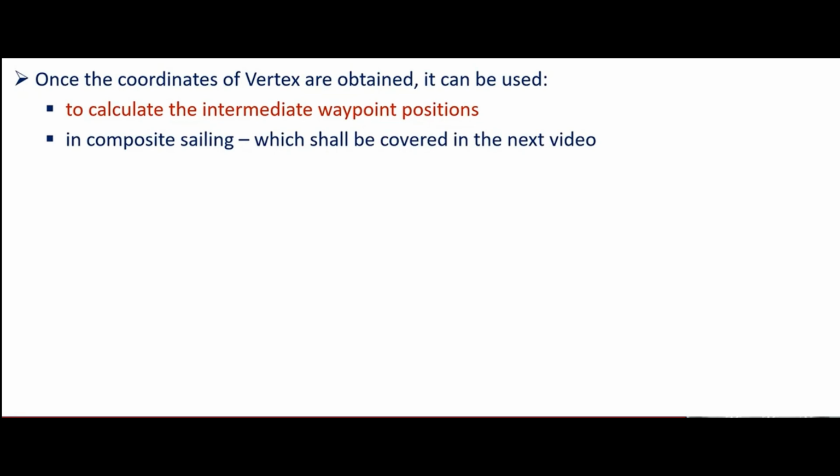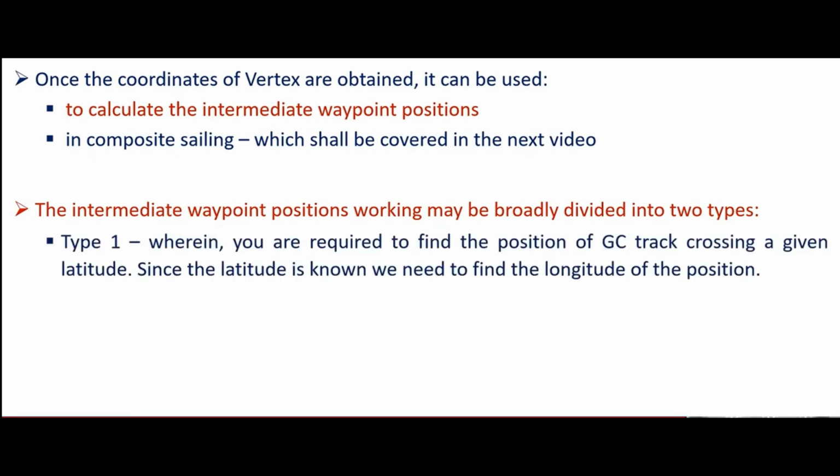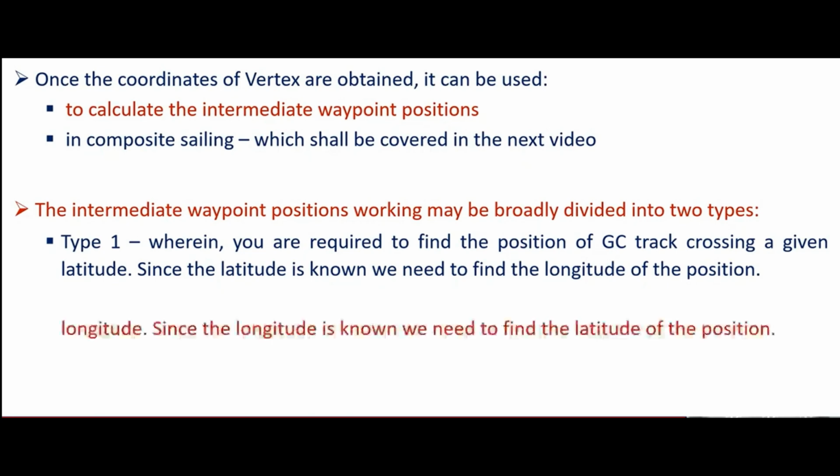Another application of the vertex could be in composite sailing, which shall be covered in the next video. Now, when it comes to obtaining the intermediate waypoint positions, there can be two ways of approaching it, depending on the suitability of the track. One is we decide on the latitude on which we would like to have the waypoint, and where this parallel of latitude would cut the GC track, for that point we need to calculate the longitude.